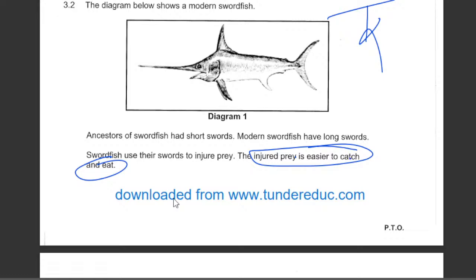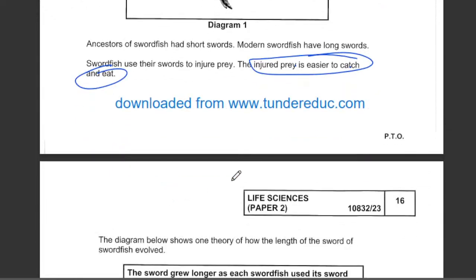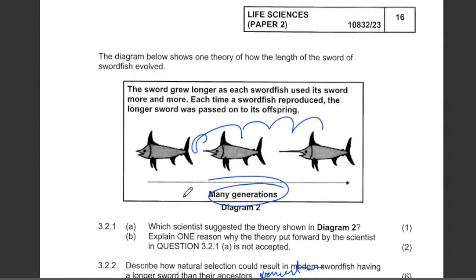Therefore, they survived in large numbers, while those with the short sword couldn't catch the prey and eat, therefore they died in large numbers. Those with the long sword passed their genes to the next generation. This is called natural selection. After many generations, all swordfish had long swords.